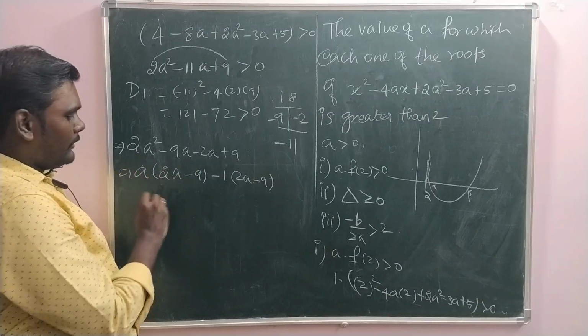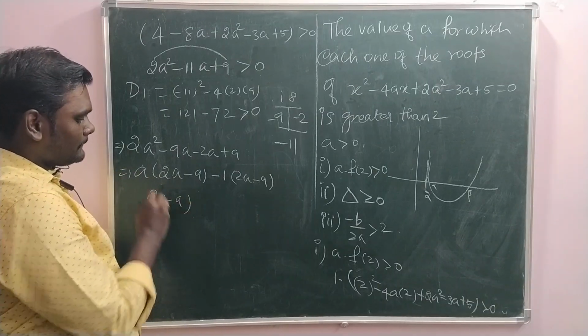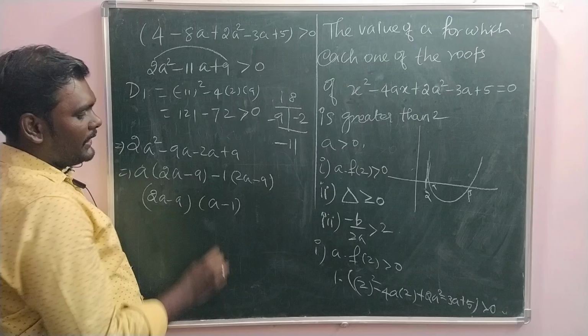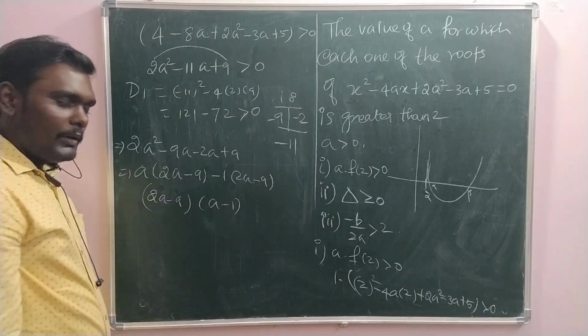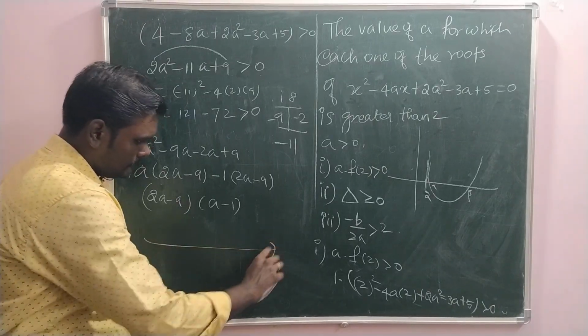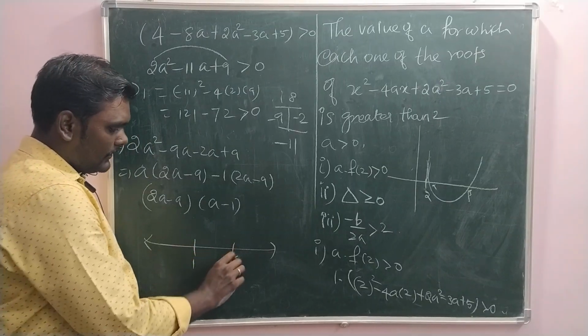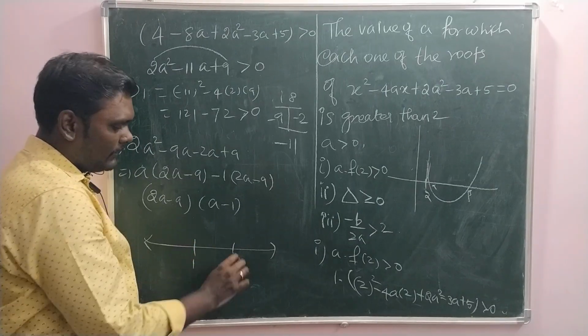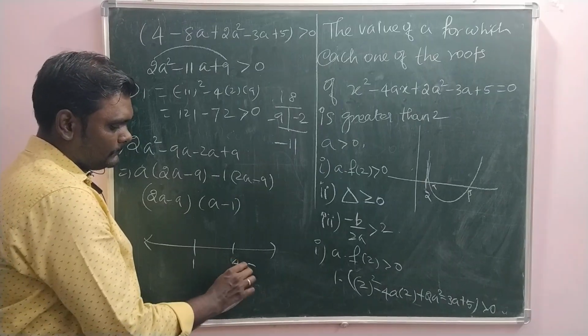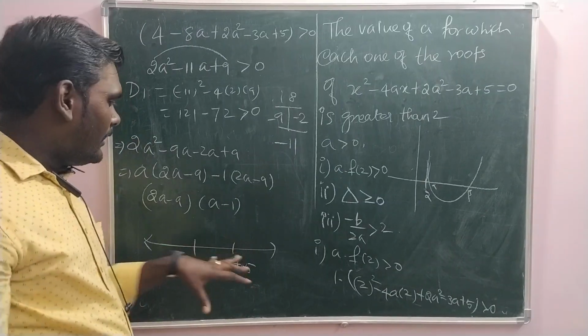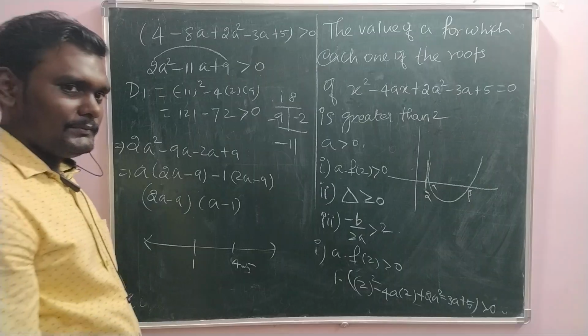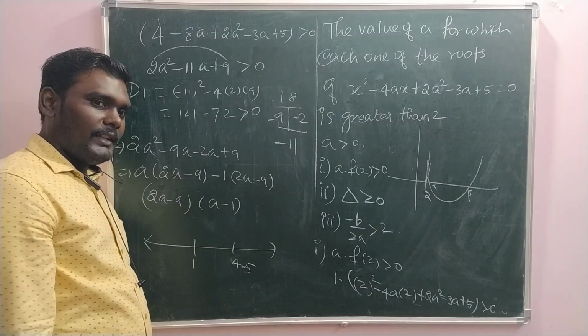So from this 2a minus 9 is common, then a minus 1. So the roots are what? 1 and 9 by 2. 9 by 2 is nothing but 4.5. Alright. So where it will be negative, we have to check it. It's very easy.